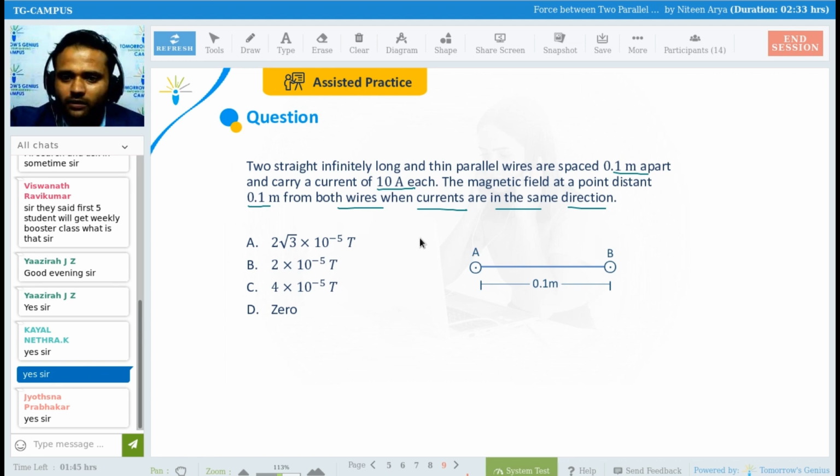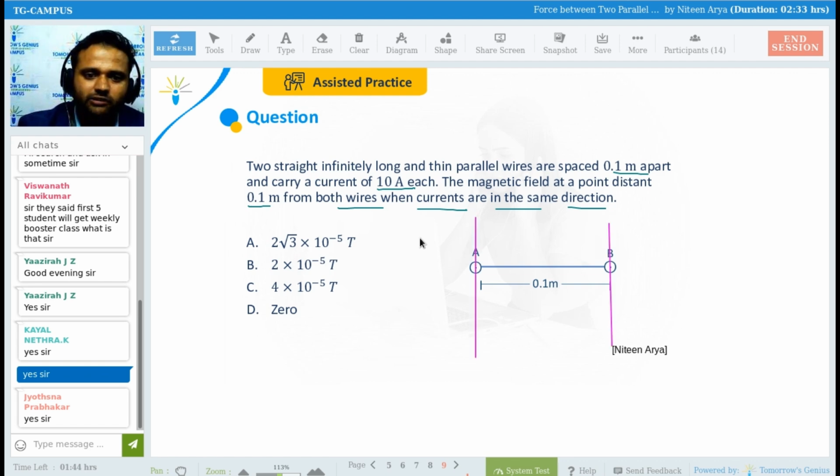Okay. See, the main thing is, two straight infinitely long and thin parallel wires are spaced apart. From the moment you hear this, this is your wire 1, this is your wire 2, as simple as that, carrying a current of 10 ampere each.